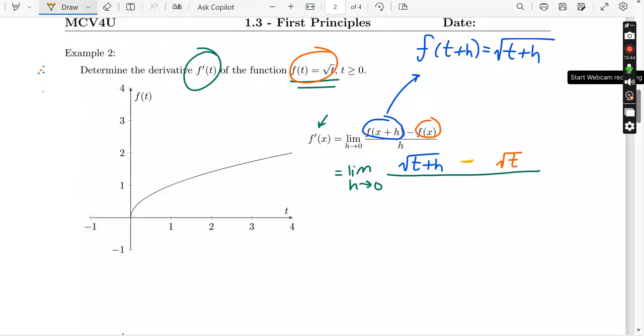As soon as I see radicals, which are the square root signs, I should be thinking of the conjugate method, which we talked about in our last video. Our job is now to simplify that. I can't solve this limit as is. Why? Because if I sub in 0 for h, I'm going to be dividing by 0, which I can't do. So now I'm going to multiply the top and the bottom.